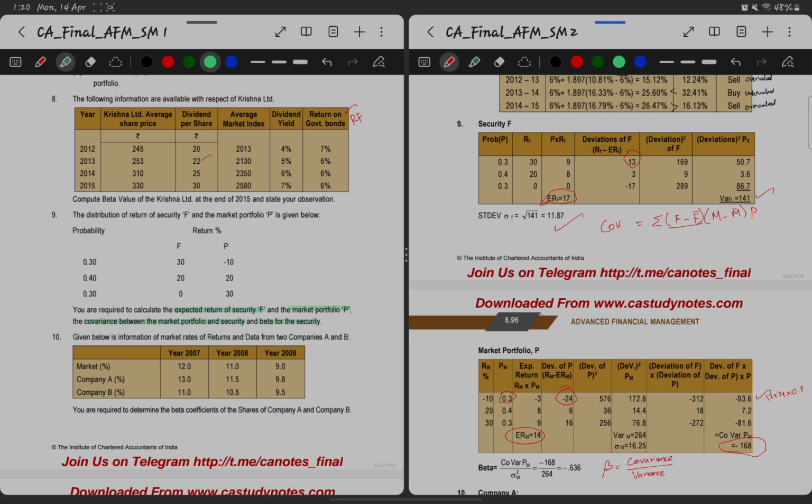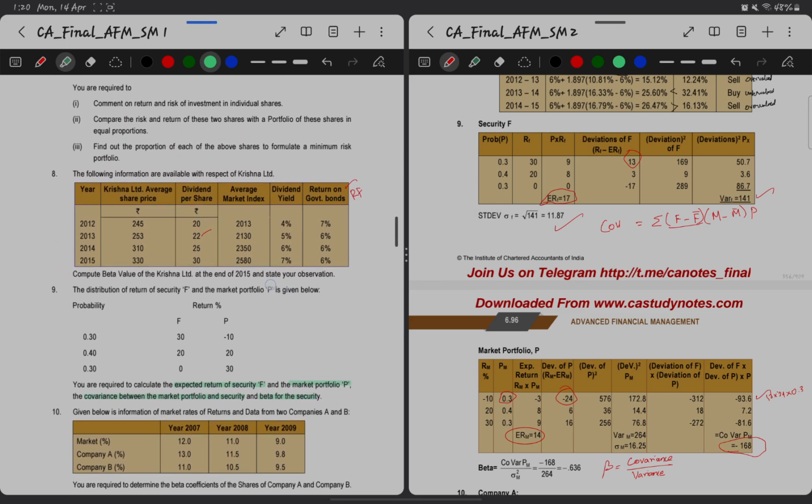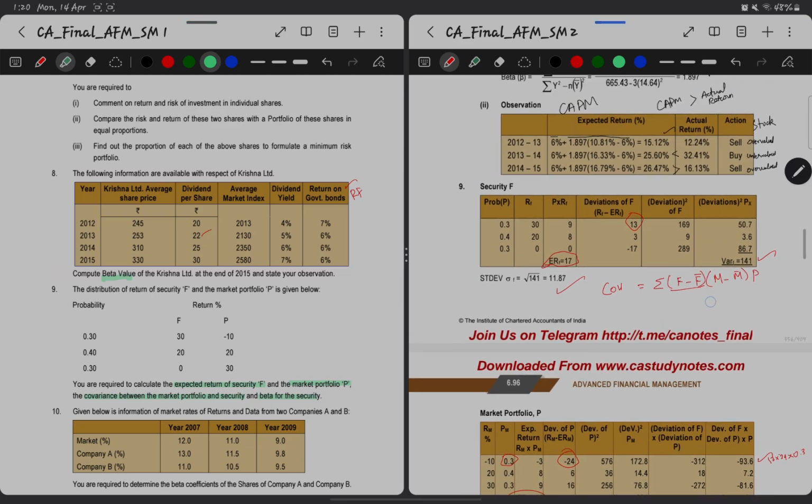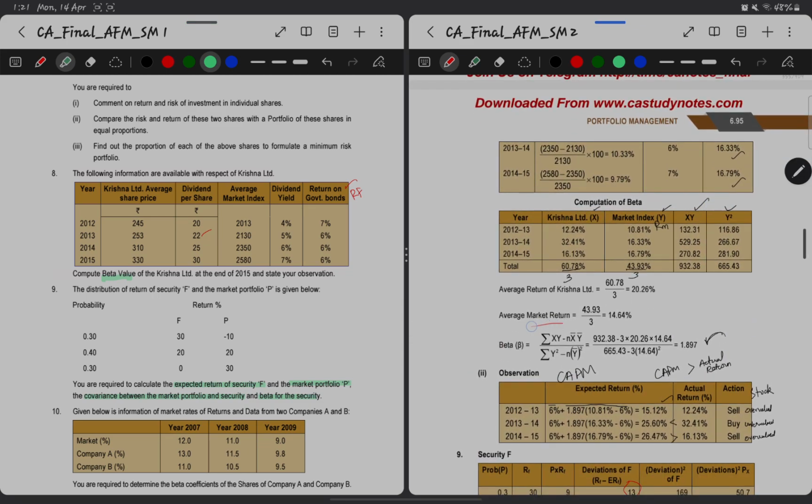Now in the previous practical questions, let's say in question number 8, we have calculated beta value, wherein we have used this formula, which is a simple regression method. That is a simple regression formula wherein it gives equal weights to all the returns.